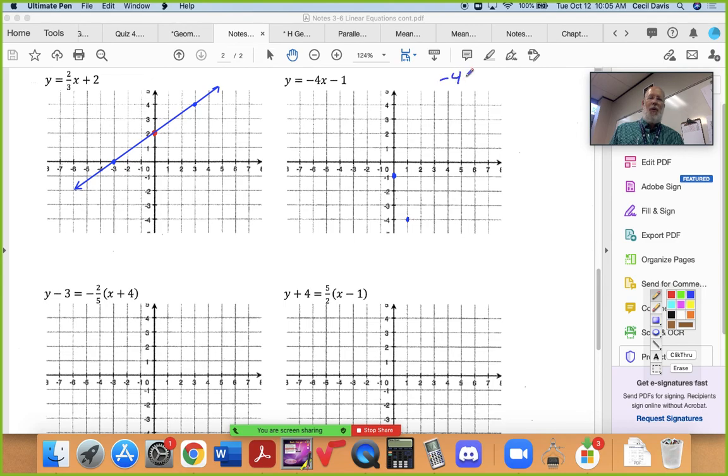Remember that negative 4 is equal to negative 4 over positive 1, because if they were both negative, a negative divided by a negative would give you a positive. Or I could go up 4 and to the left 1. By the way, I don't get super picky about it, but your graph should go all the way to the edge of your grid. If you're drawing a graph that's like 1/4 of an inch long, make it longer.